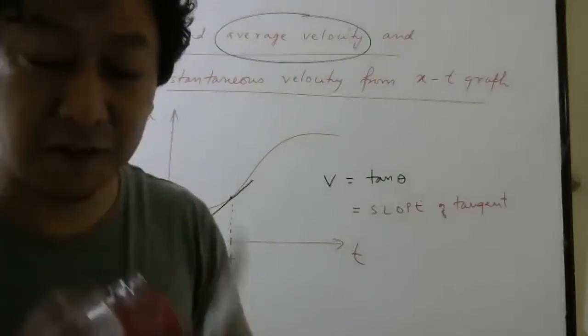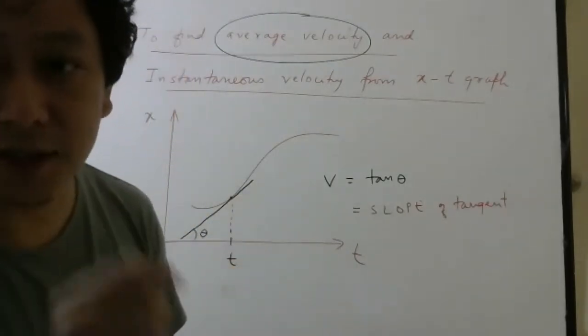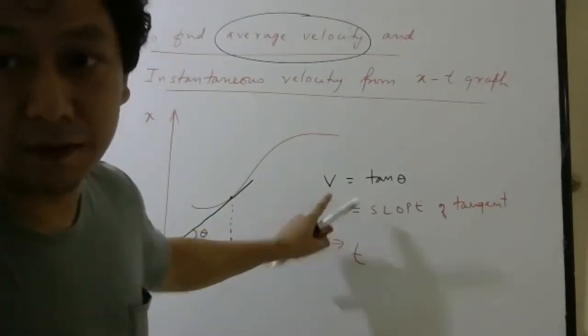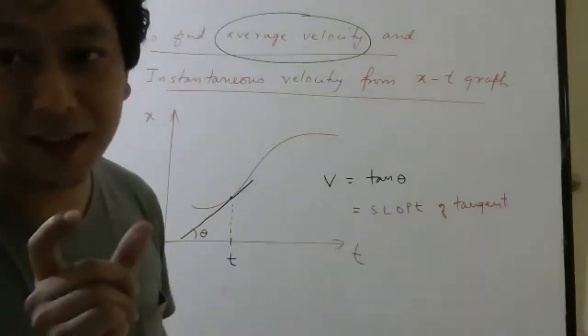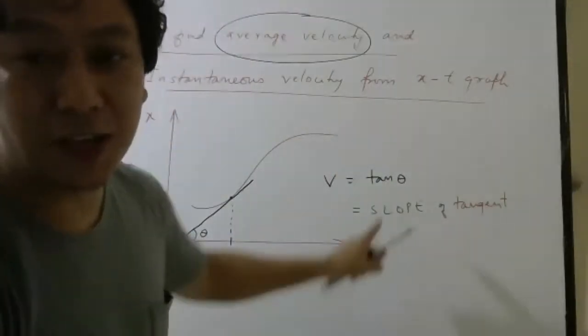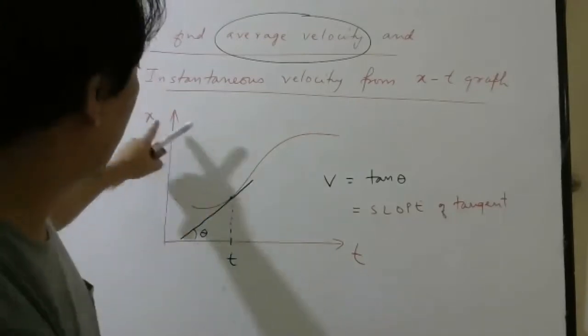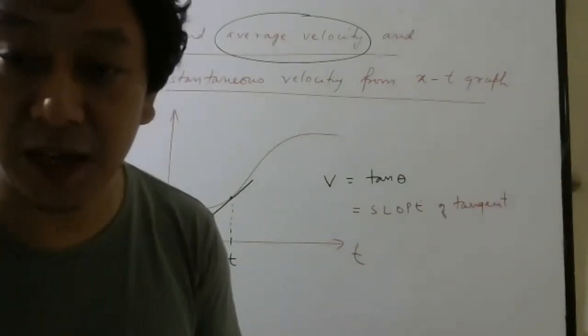Any time I ask you, what is the slope of an xt graph? Fatafat you have to say velocity. Of course, you can say tan theta, but tan theta is what we came to know after doing all the derivation. But what is the name given to the slope of an xt graph? Velocity. Xt, when I say, it means displacement-time graph.